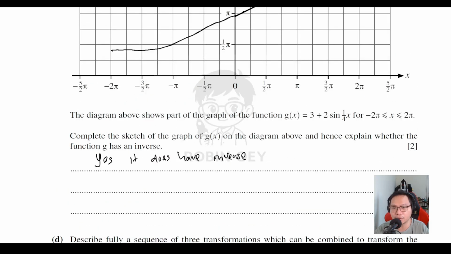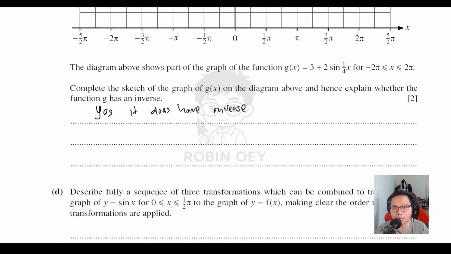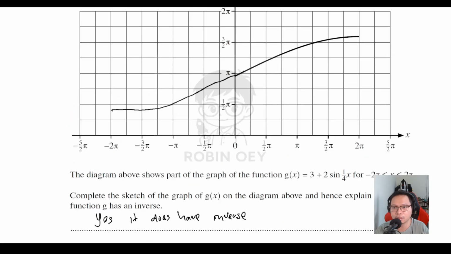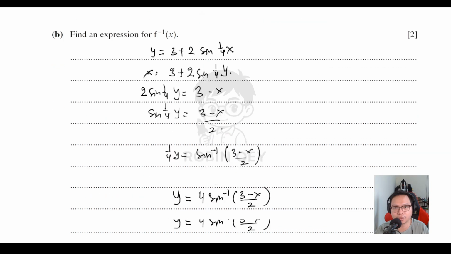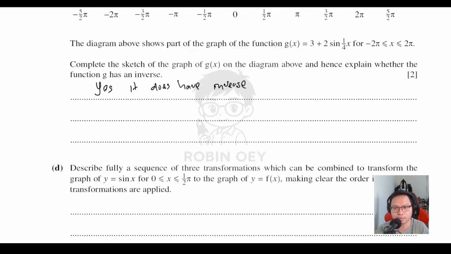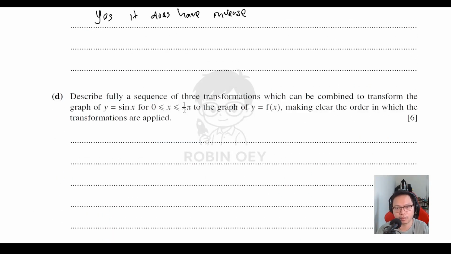First of all, f of x is 3 plus 2 sine quarter x. The original would be y equals sine x.